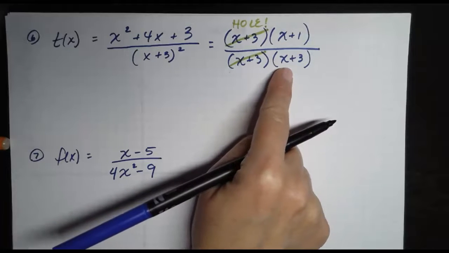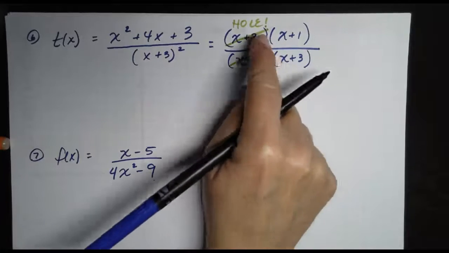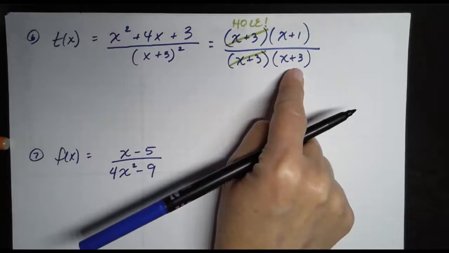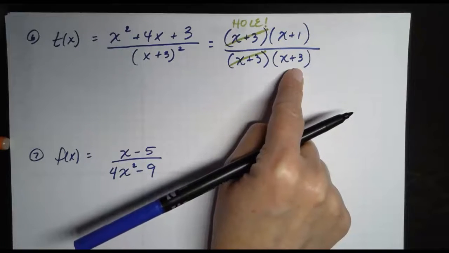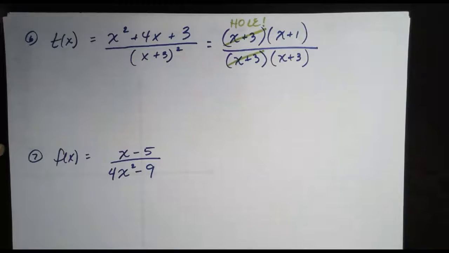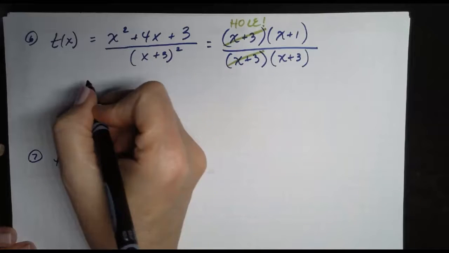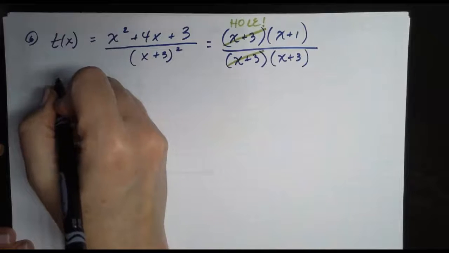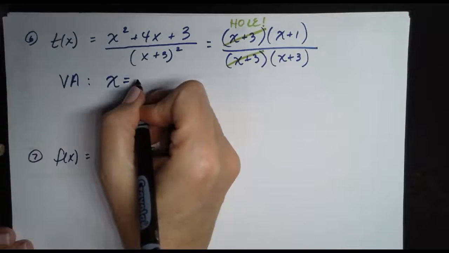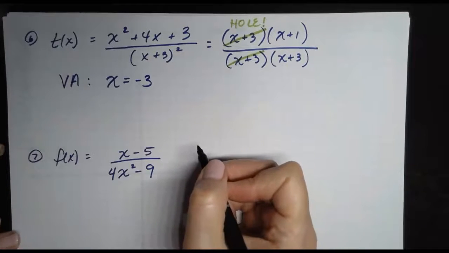So, this is a little bit tricky because we've got something that's canceling as well as that factor is repeating itself. If that factor is repeating itself, it kind of supersedes the whole idea of a hole, and we just have a vertical asymptote there. So vertical asymptote at x equals -3.